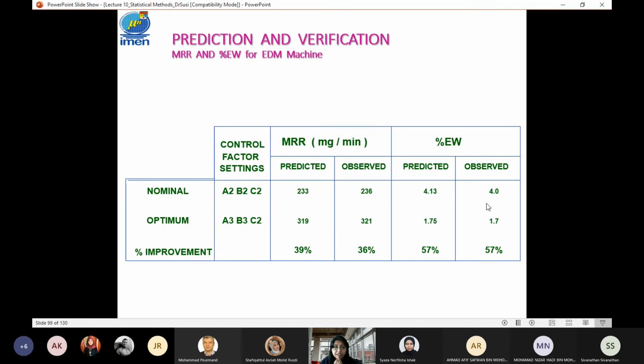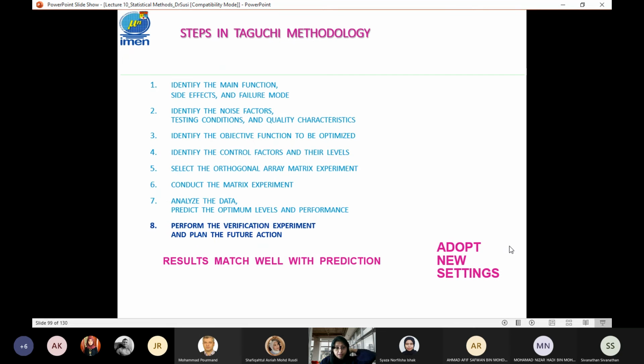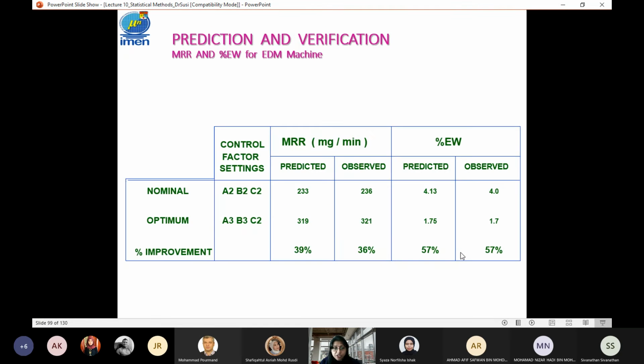So the electrode wear has reduced and your material removal rate has increased. The increment is 36%, the reduction is 57%. The results match with the prediction, so you can adopt the new settings. Initially you were using A2, B2, C2, now you can use A3, B3, C2 with increased material removal rate and reduction in the electrode wear.